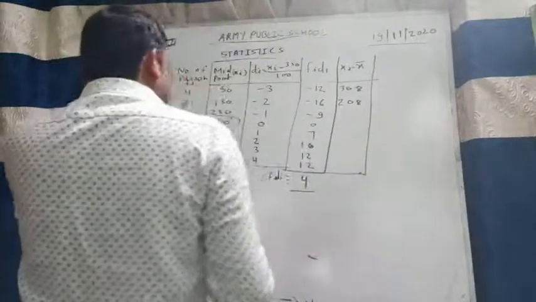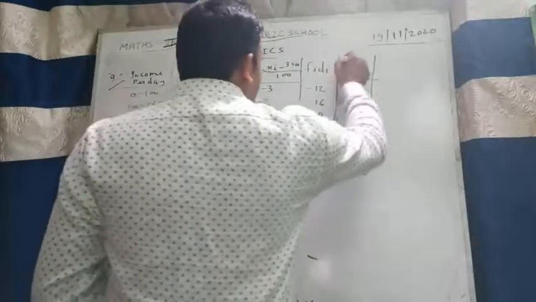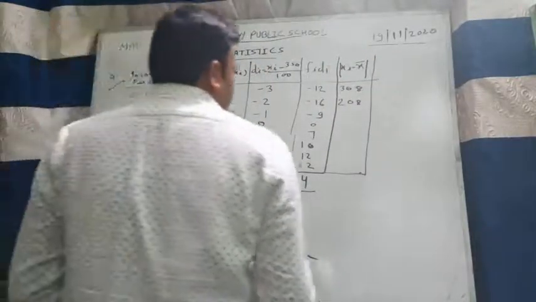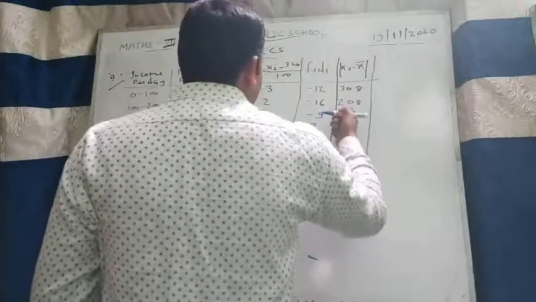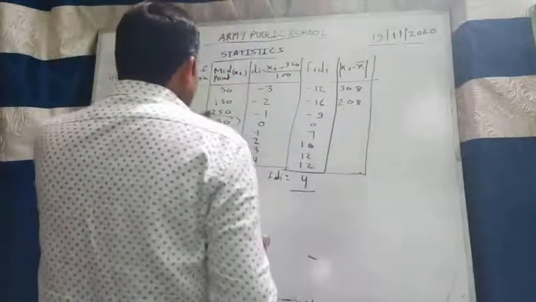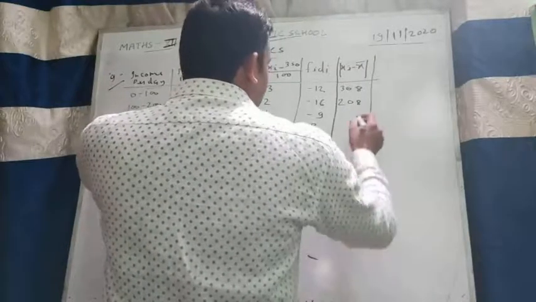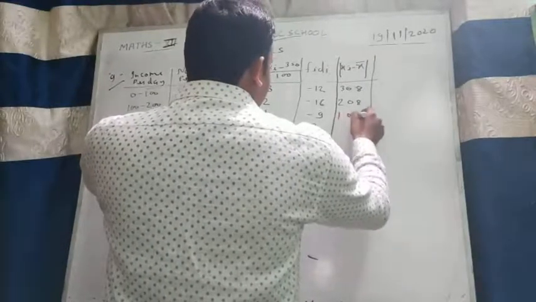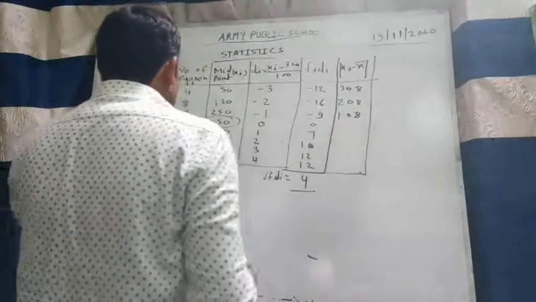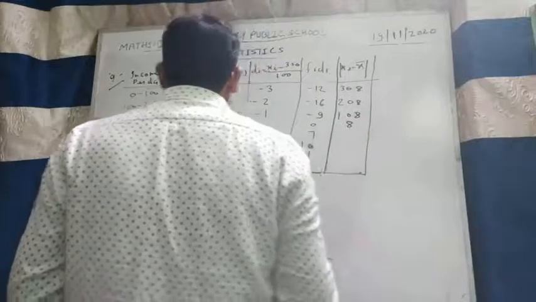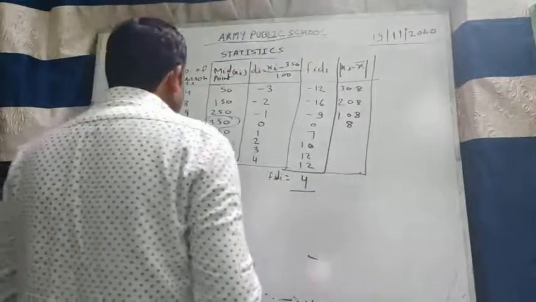This comes under the modulus bracket. Under modulus it will always be positive. So 250 minus 358, it will be 108. And 350 minus 358, it will be 8, and 450.